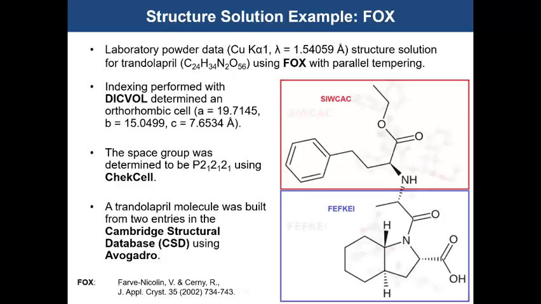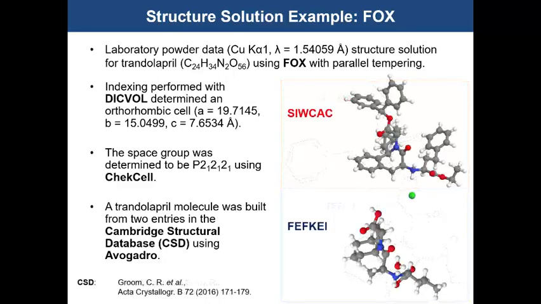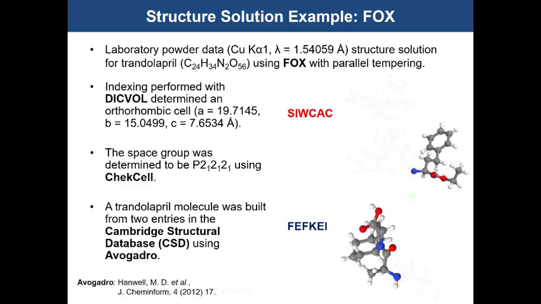And I came up with a few options for each half of the molecule. I ended up choosing these two Cambridge entries, which are indexed by their 6-letter codes. You can see right here. And then what I did was I just manually removed the atoms that I didn't need from the CIF file, just using a text editor in order to obtain the two halves of the trandolapril molecule, like so.